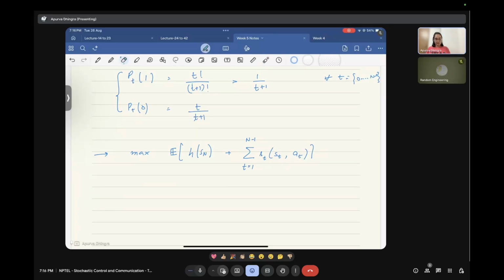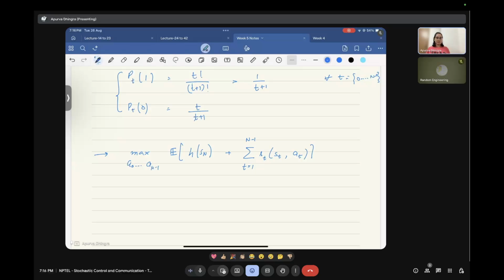That's a typo. It's to be decided based on the ATs, or rather A0 till A n minus 1. What action to take when.